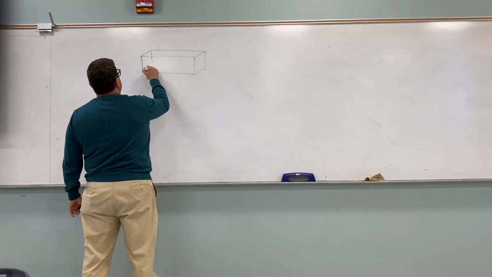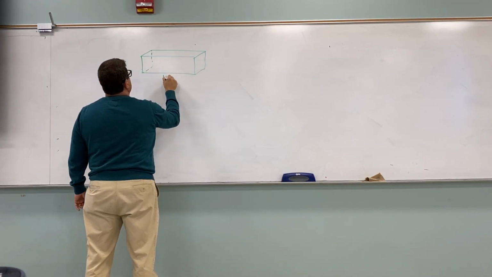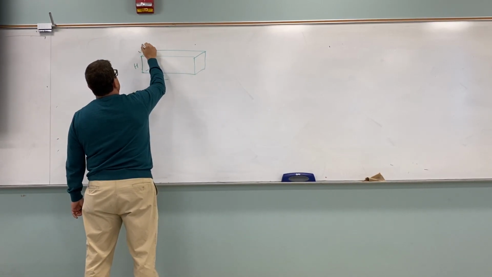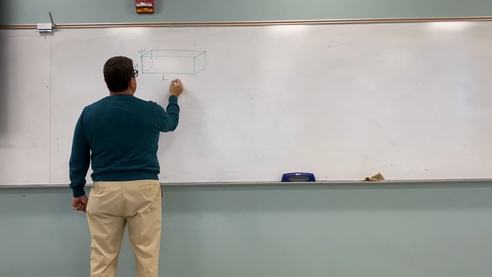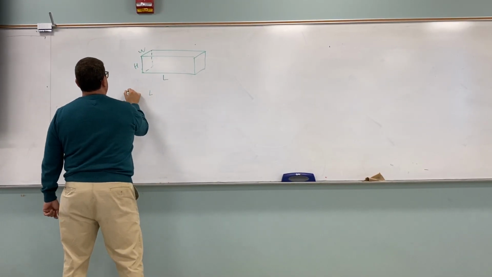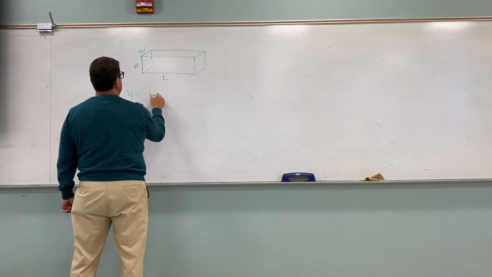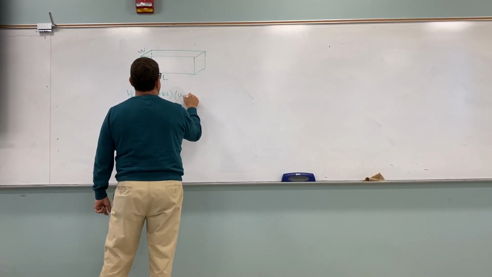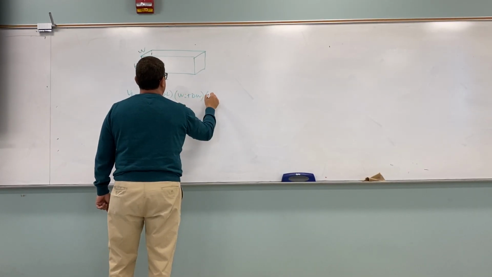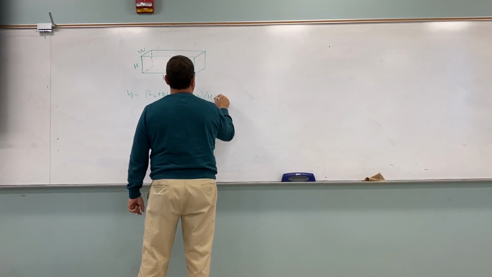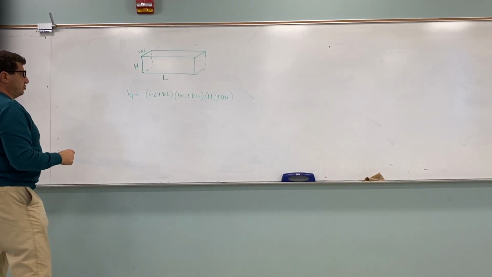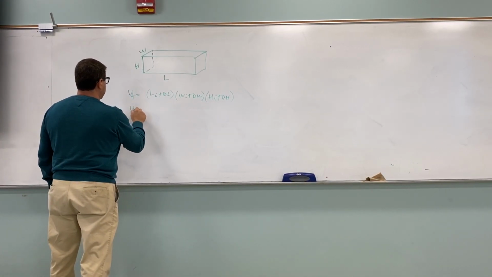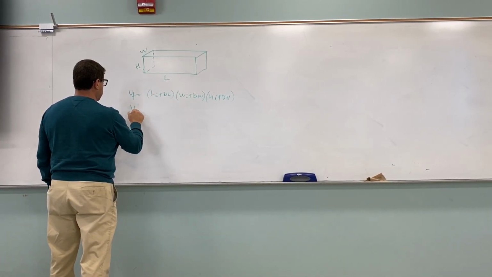So you have length, height, width, then you can say the volume. If the length expands, the volume final is going to be length initial plus delta L times width initial plus delta W plus height initial times delta H. So then you're going to do the product of 3 things.